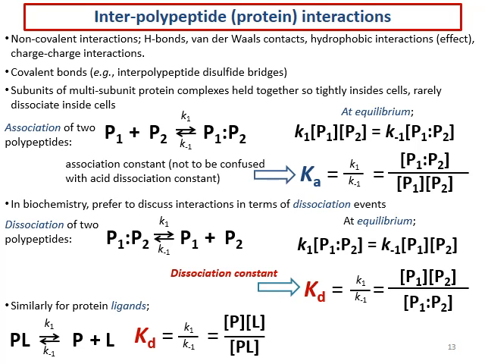So here, Kd is going to equal the concentration of the protein times the concentration of the ligand divided by the concentration of the ligand bound to the protein.